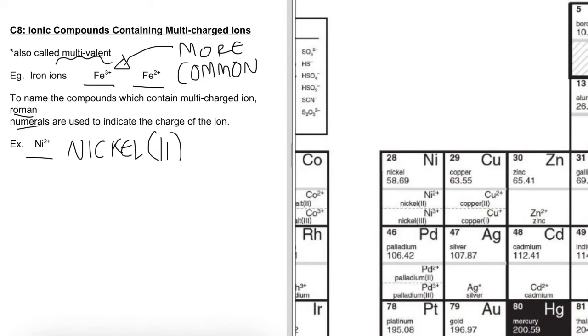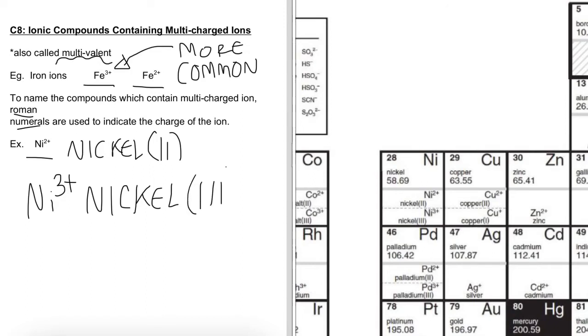If we were putting down calcium, we don't say calcium and then put Roman numeral 2, because calcium only has a 2 plus charge. So you only do this with multivalent elements. Nickel can also have a 3 positive charge, so we would say nickel and then the Roman numeral for 3 if that's the case.